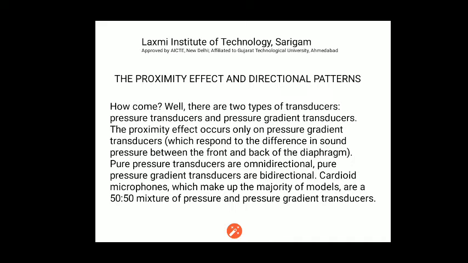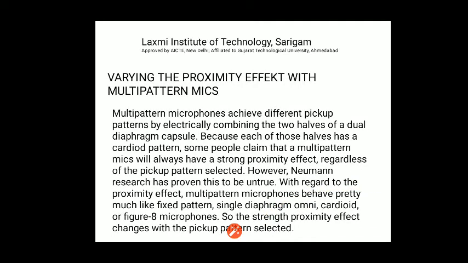Next, we will discuss varying the proximity effect with multi-pattern microphones.